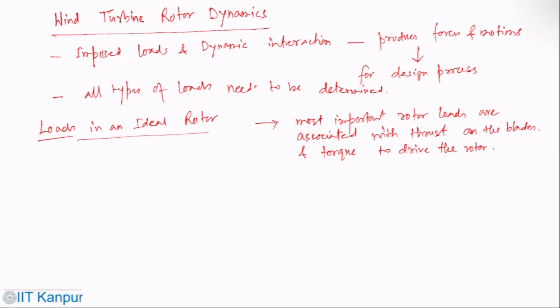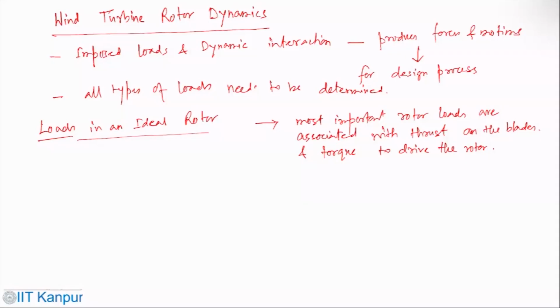The primary thing is that, if you talk about thrust, which we have already estimated as CT times rho pi R square and U square.